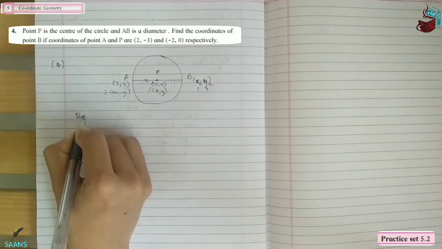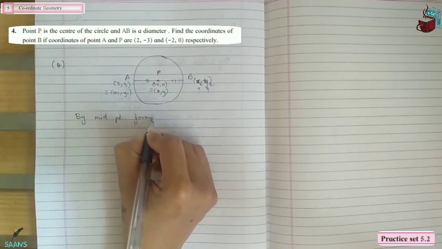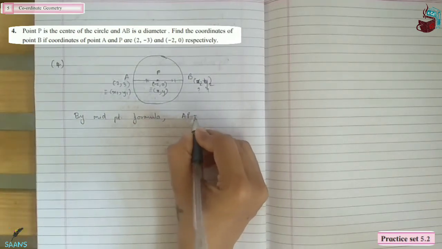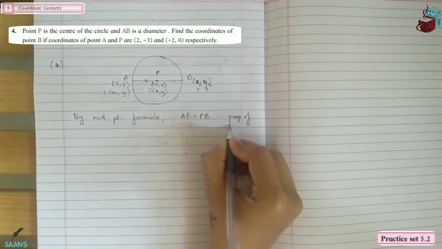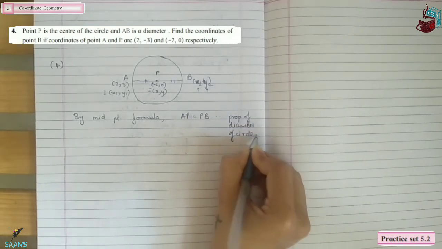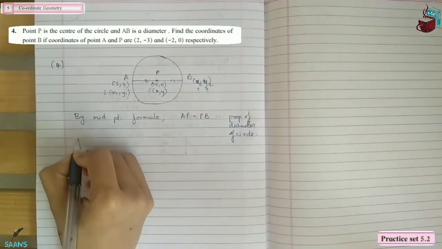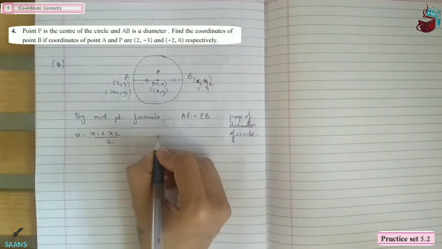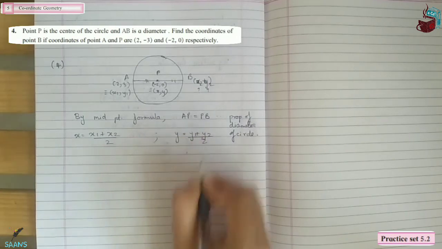Here, by the midpoint formula, AP is equal to PB, by the property of the diameter of a circle. Therefore P is the midpoint. Now directly, x is equal to (x1 plus x2) upon 2, and y is equal to (y1 plus y2) upon 2.